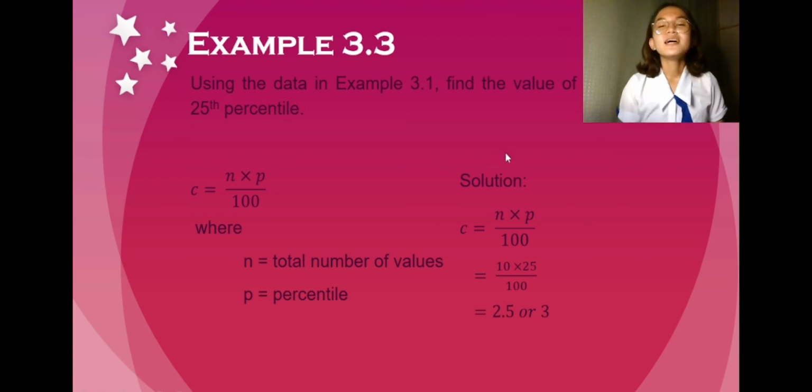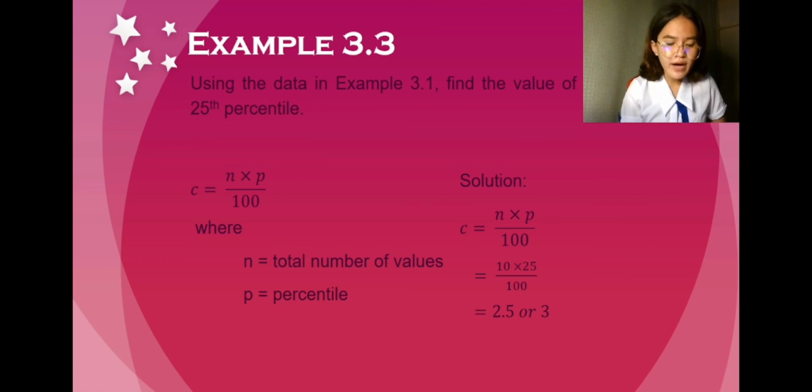So substitute 10, the total number of values, 25 is the percentile, and divide it by 100. So it will come up into 2.5 or 3.